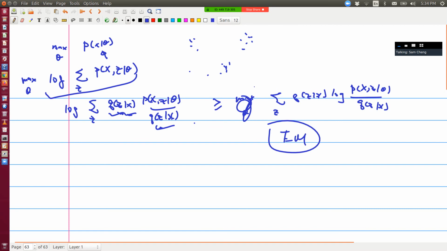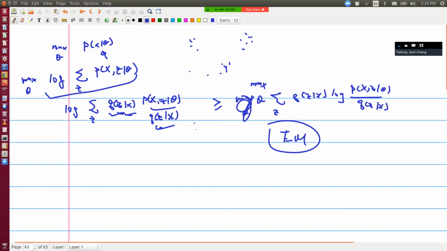This one will not necessarily be equal to that, so the solution itself doesn't necessarily have to be perfect as well.